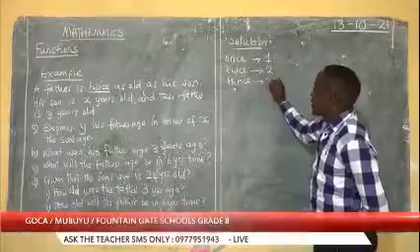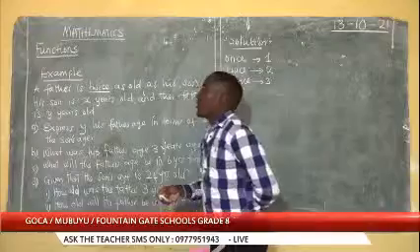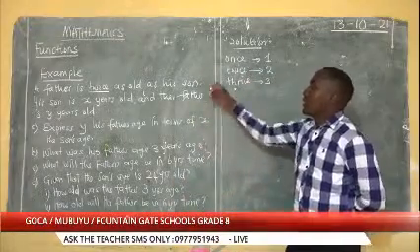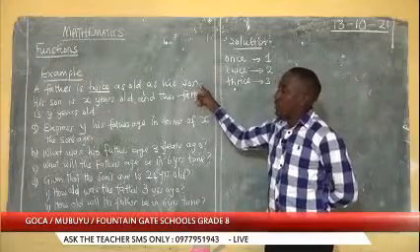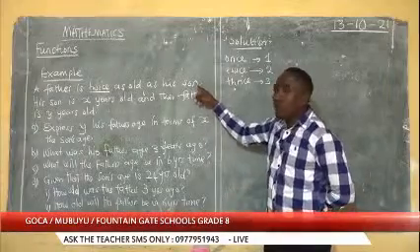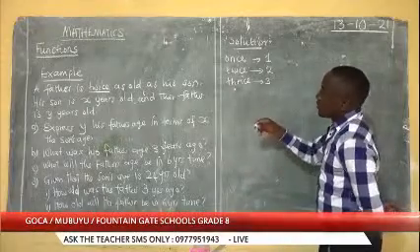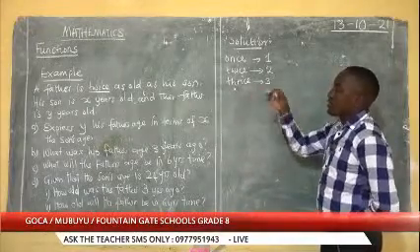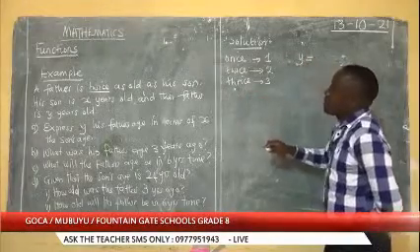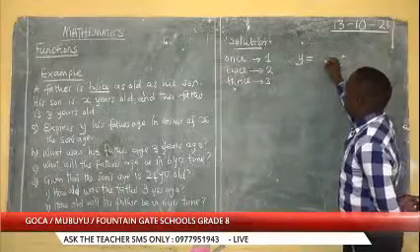So here we are saying that the father is twice as old as his son, meaning that for us to get the age of the father, we are supposed to say the age of the son times 2. Since the age of the father is y years old, we'll say y is equal to twice the age of the son.